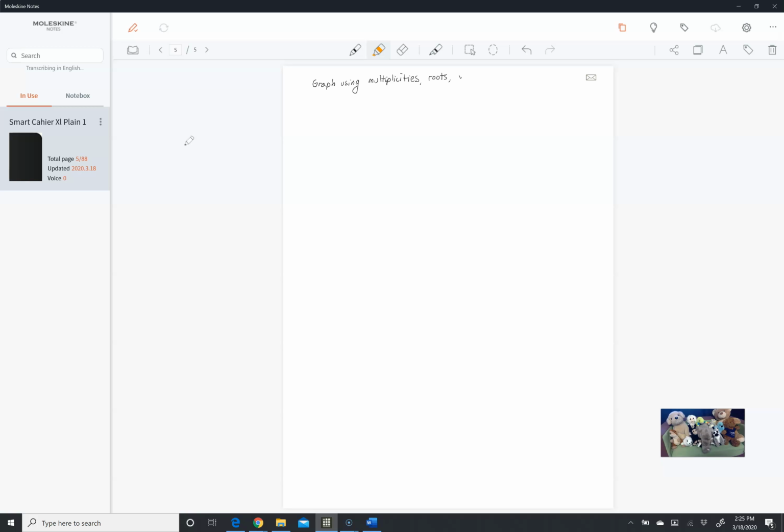The y-intercept can be helpful here, so I'm going to include it, and an end behavior. Okay, so we're not going to graph these. I'm going to give you a new function.